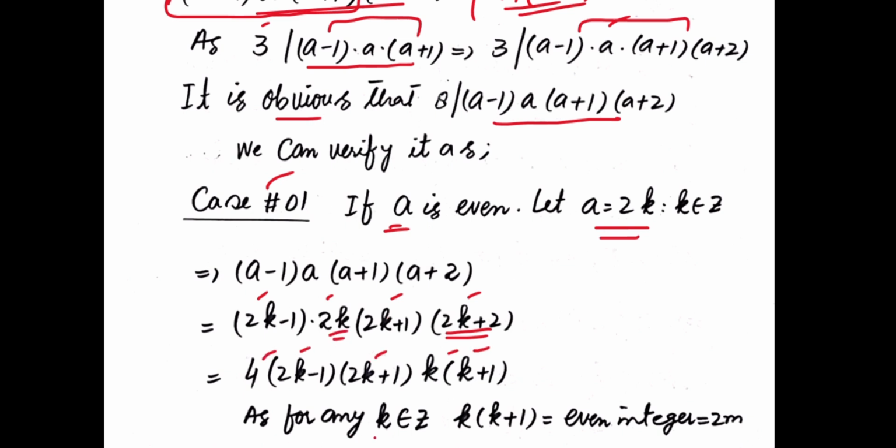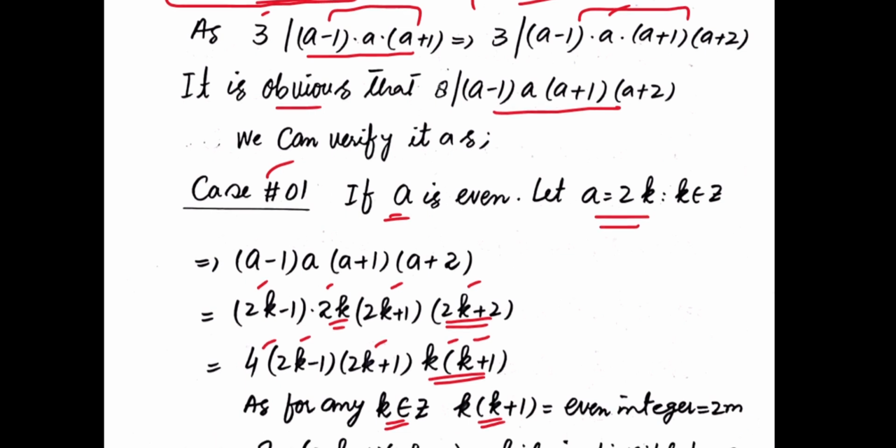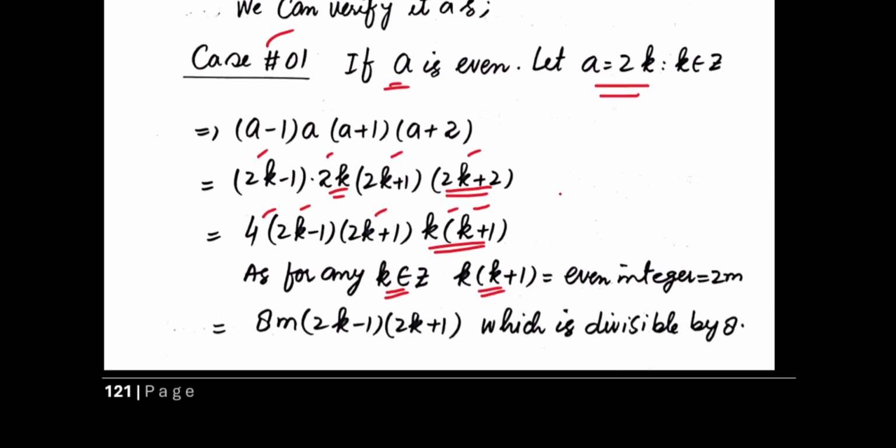For any integer k belonging to Z, this product k into k plus 1 is always an even integer, because we know that the product of any two consecutive integers is always even.